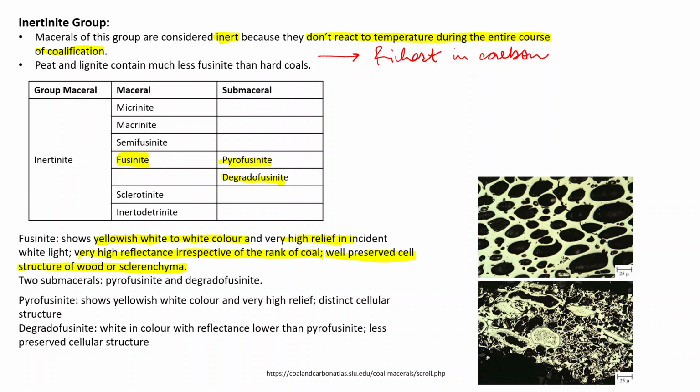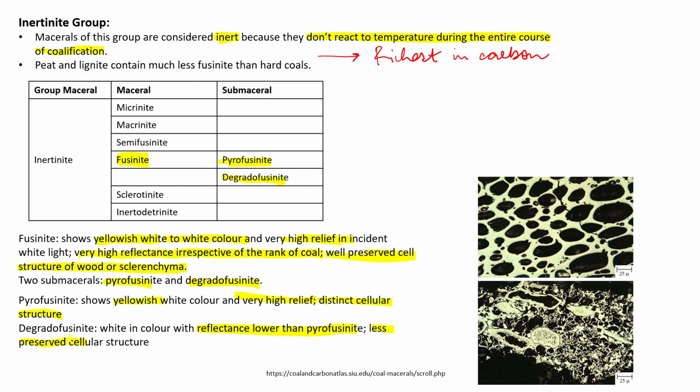The two submacerals are pyrofusinite and degradofusinite. Pyrofusinite shows yellowish white color and very high relief with distinct cellular structure, while degradofusinite is also whitish in color with slightly lower reflectance than pyrofusinite. But the important point is that its cell structure is less preserved than pyrofusinite.